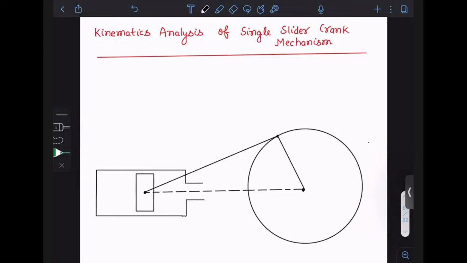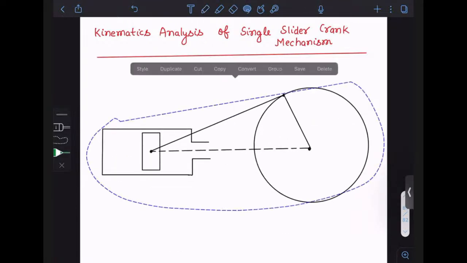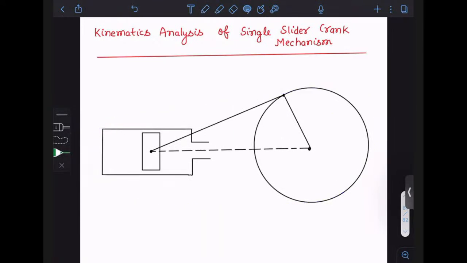See this diagram carefully. Here this is your crank, and this is your connecting rod.